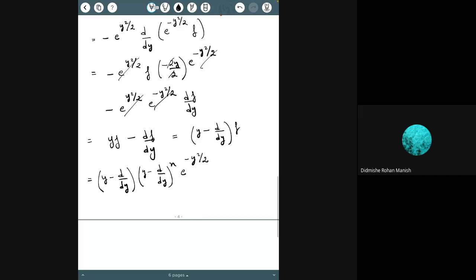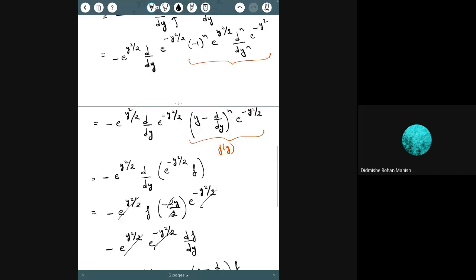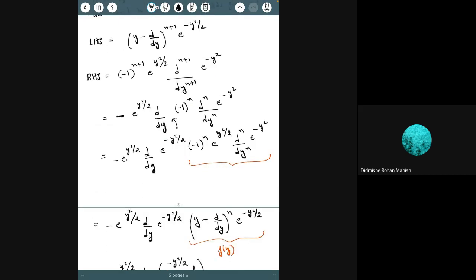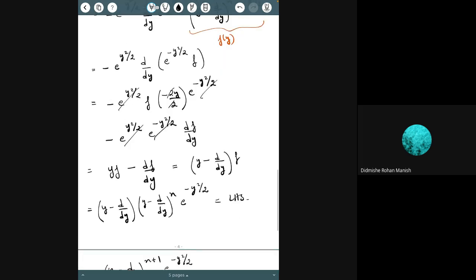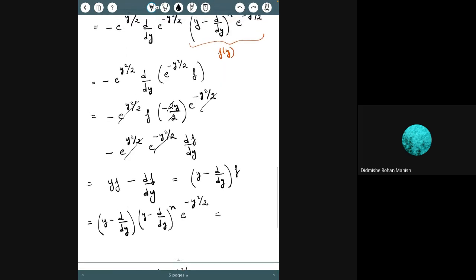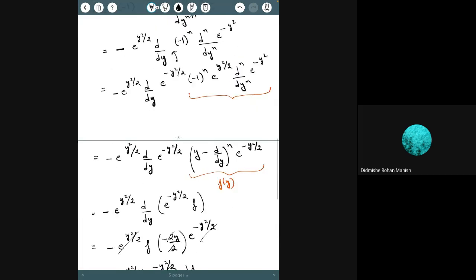So this is equal to y minus d/dy whole to the power n plus 1 e to the power minus y squared by 2. Now this is the left hand side that we wanted. So this is equal to the left hand side. Hence proved. So we showed the operator identity.